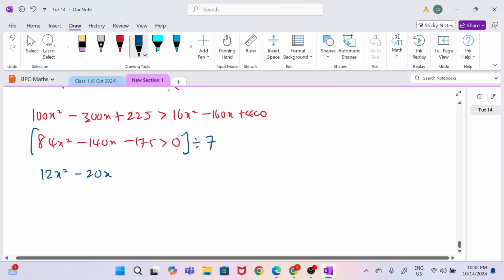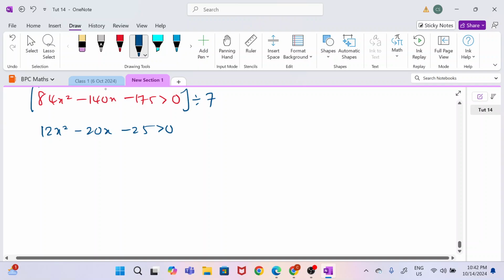If you can simplify, you can simplify this. And the rest is like normal.